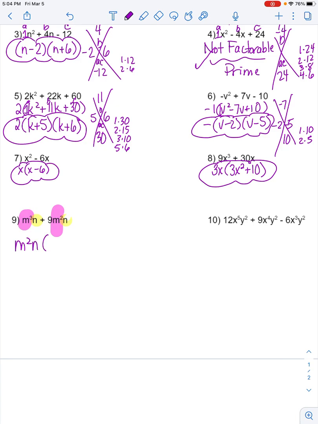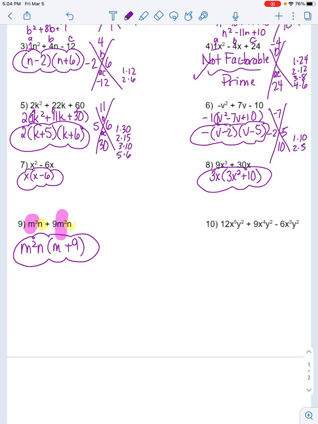So I'm going to factor out an n as well. So once I factor out 2 of the m's on the first term, I'm left with m, and the n was factored out. Plus 9, m squared was factored out, and n was factored out. So now I have completely factored that polynomial.